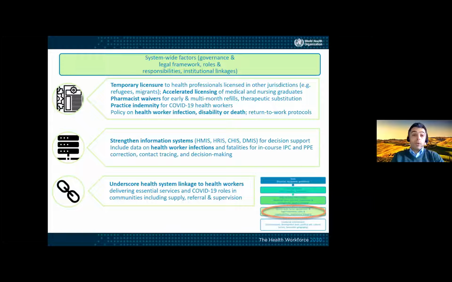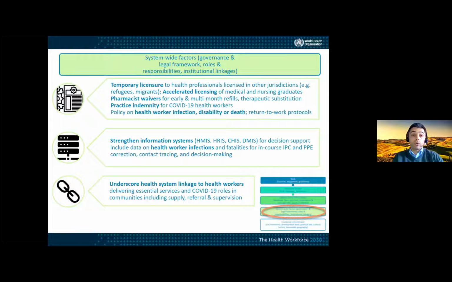Examples of what would fall under this category include the provision of temporary licensure to health professionals that have acquired their credentials in other jurisdictions, for example, refugees and migrants, or health workers that are in the process of being licensed, providing accelerated or streamlined procedures for medical and nursing graduates, among other occupational groups.